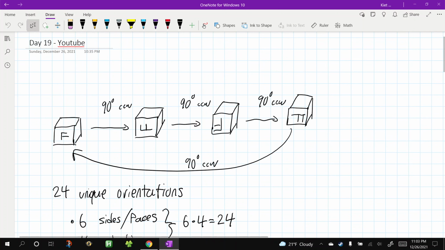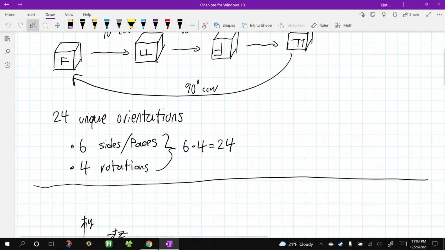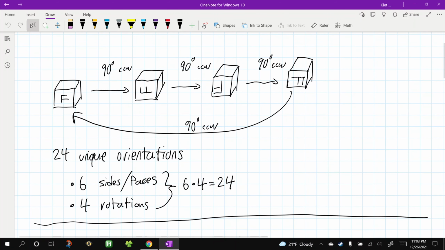First, let me just walk through how I think about the scanner orientation stuff. For the scanners, we have 24 unique orientations. The way you can think about it is that if you think about the scanners in terms of boxes, there are 6 sides or faces that they can be facing. Then for each of these faces, there can be 4 different rotations.